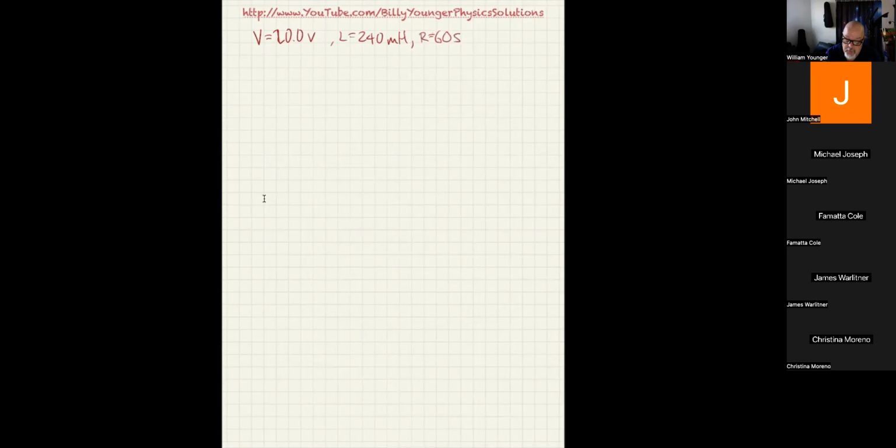Actually, let me make that 3 sig fig, 60.0. I'm going to put a dot there too, so we could read that 240 as a 3 sig fig number. And we'll have a resistance of 60.0 ohms.